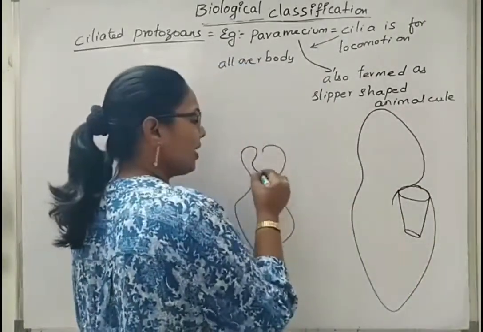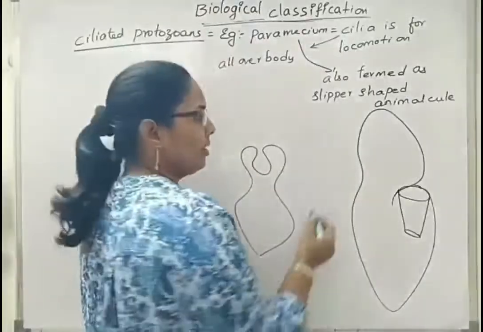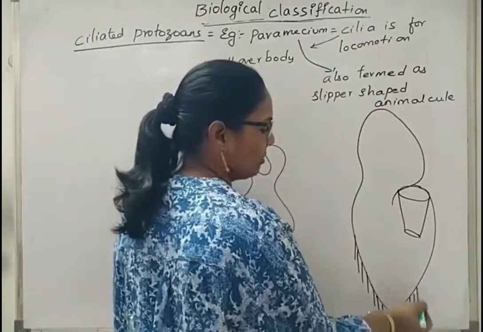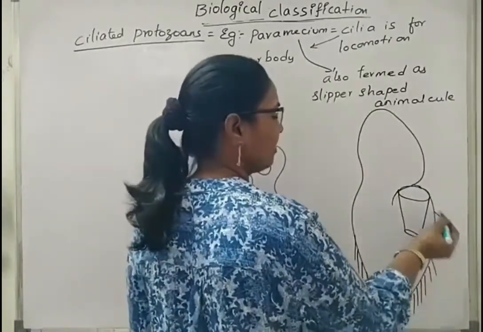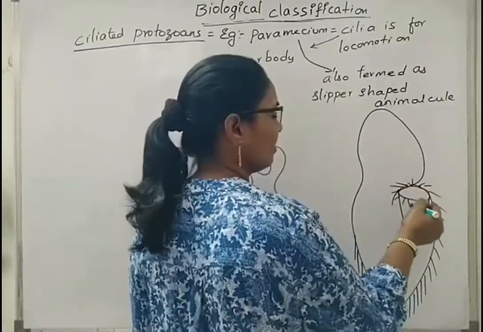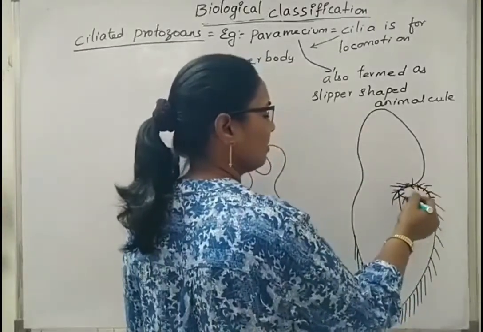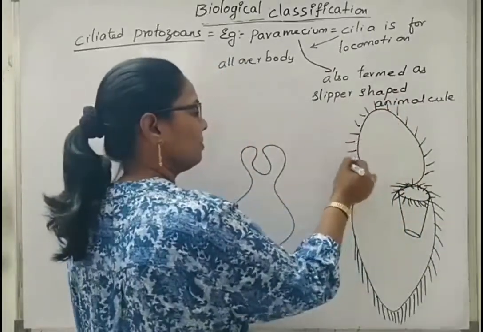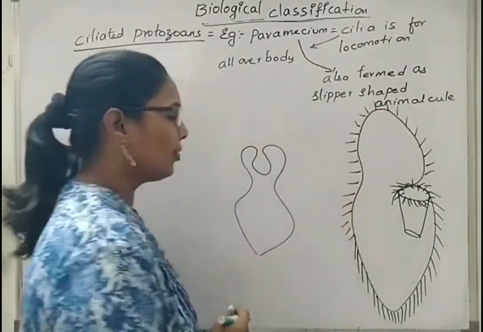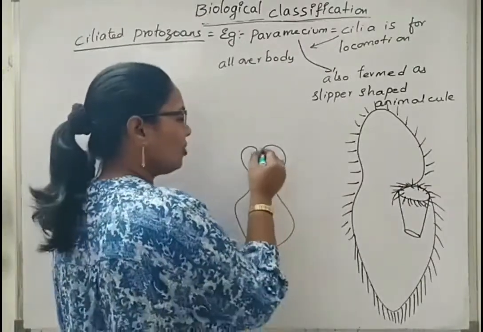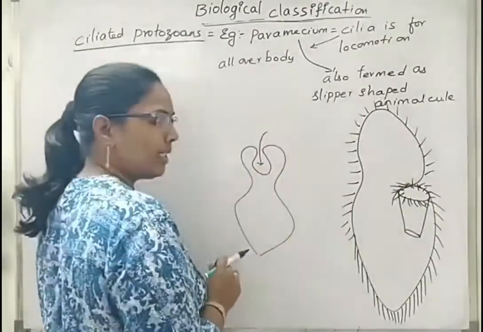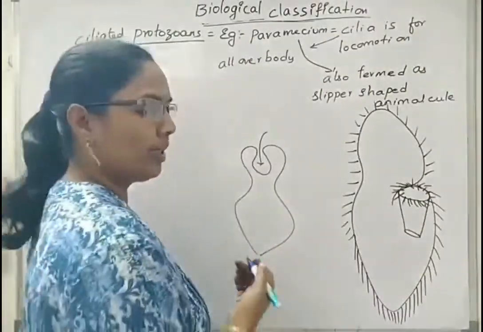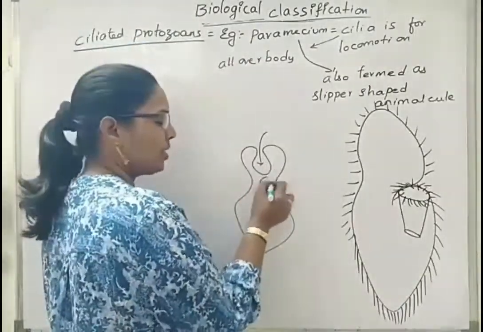Here there will be a tuft of cilia, many cilia. At the oral groove, when water along with bacteria or zooplankton comes, it allows them to enter the body and forms food vacuoles.